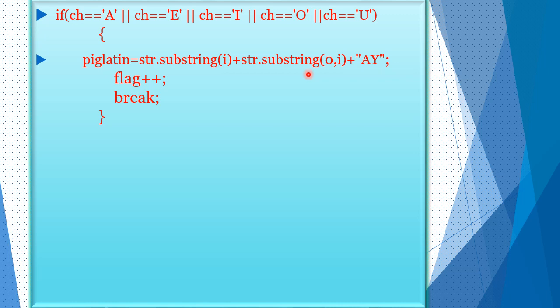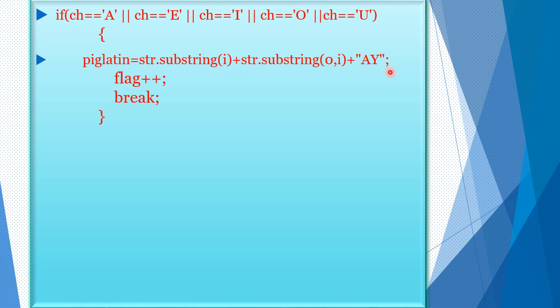It extracts a group of characters starting from the start index up to the end index alphabet, excluding the end index alphabet. Therefore 0 is the start index, so starting from the first alphabet and before the vowel, that means the alphabets before the vowel will be extracted.